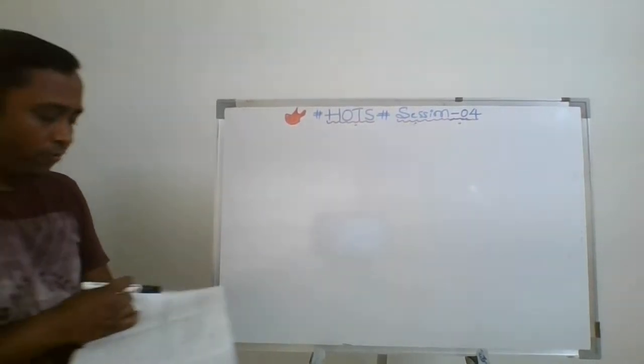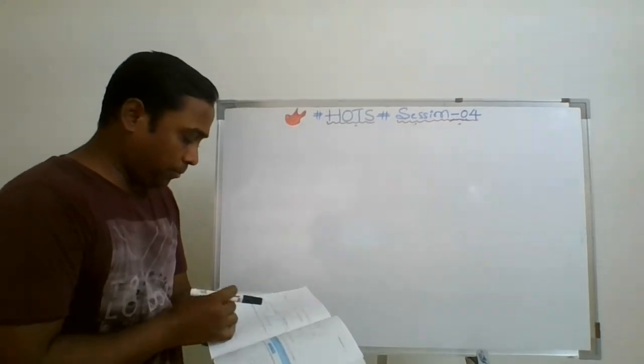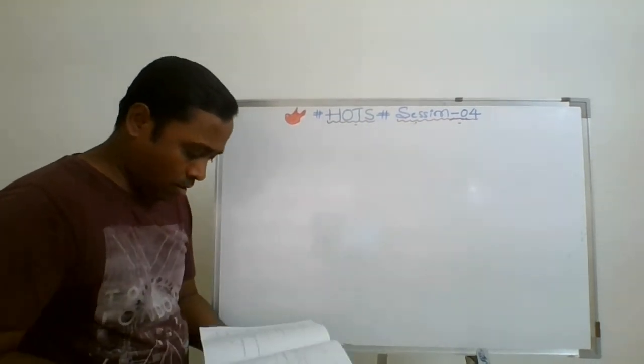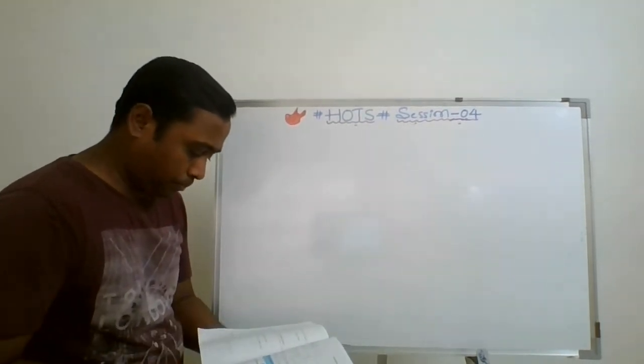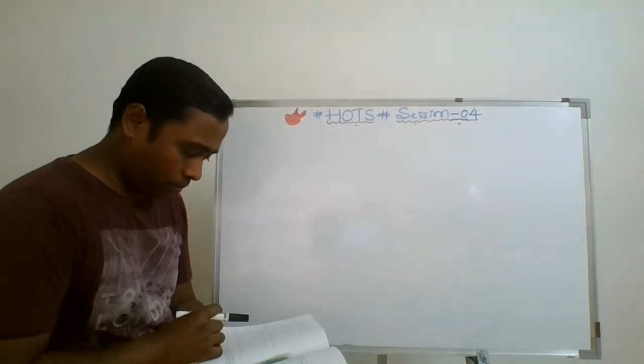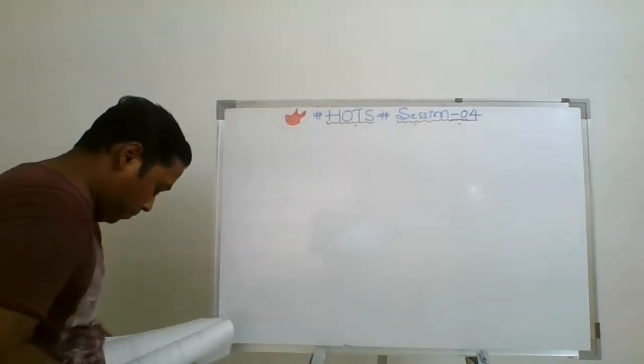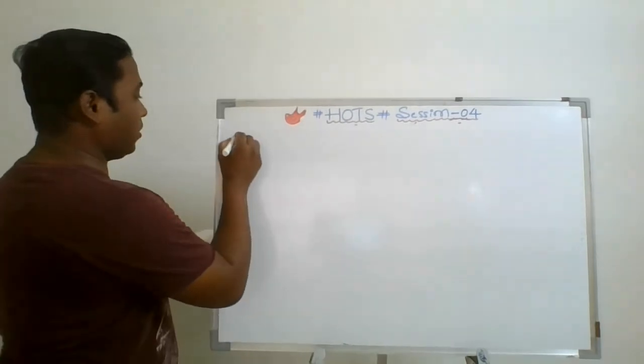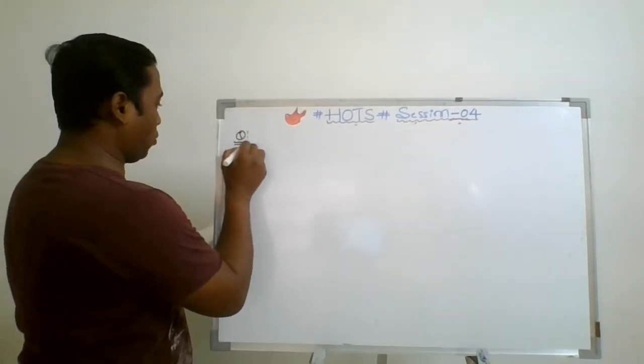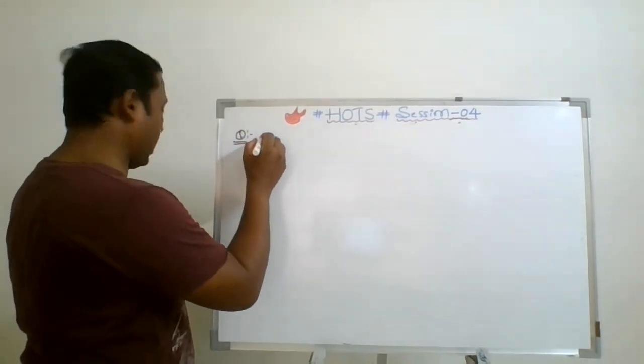I'm taking the questions from the textbook itself. See how they are framing this one. As we have discussed in this session as a first question, it is based on that only again.